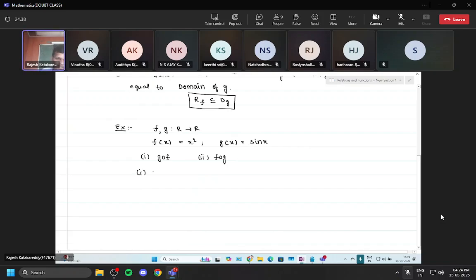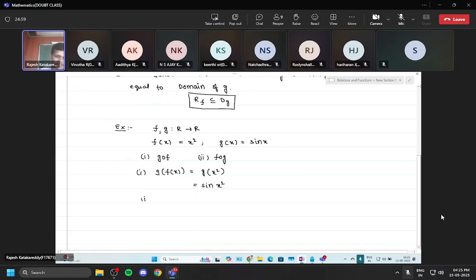So g of f of x: I can write the function f of x in this, so this becomes g of x square. If g of x is sin x, g of x square is sin x square.